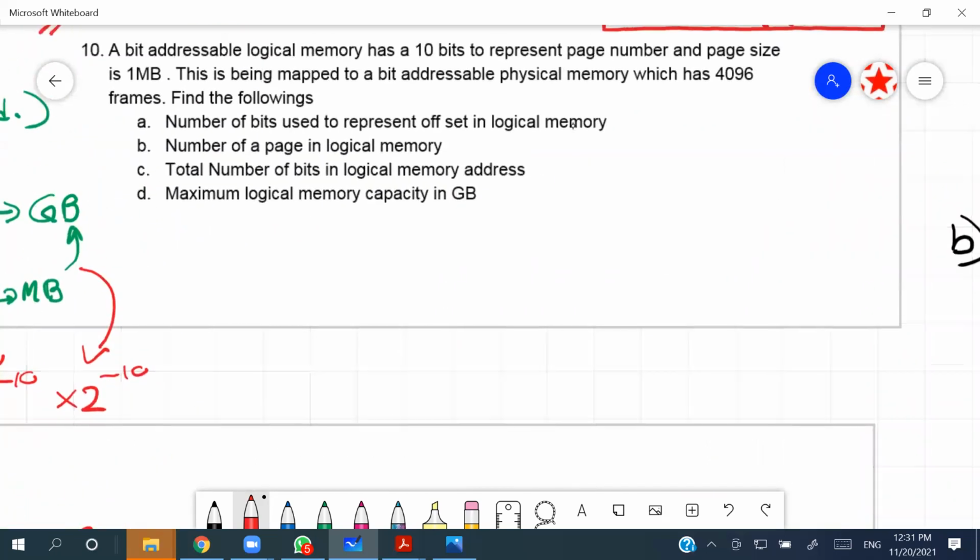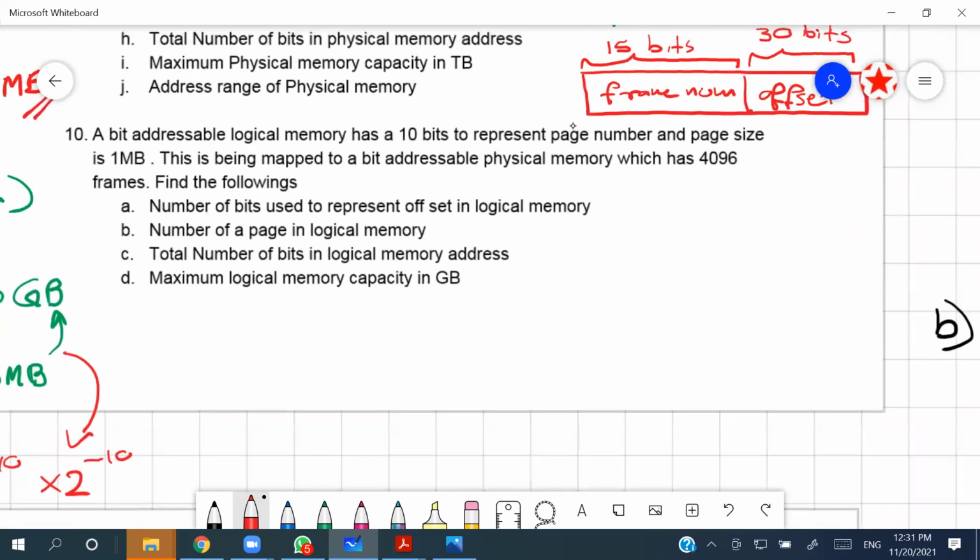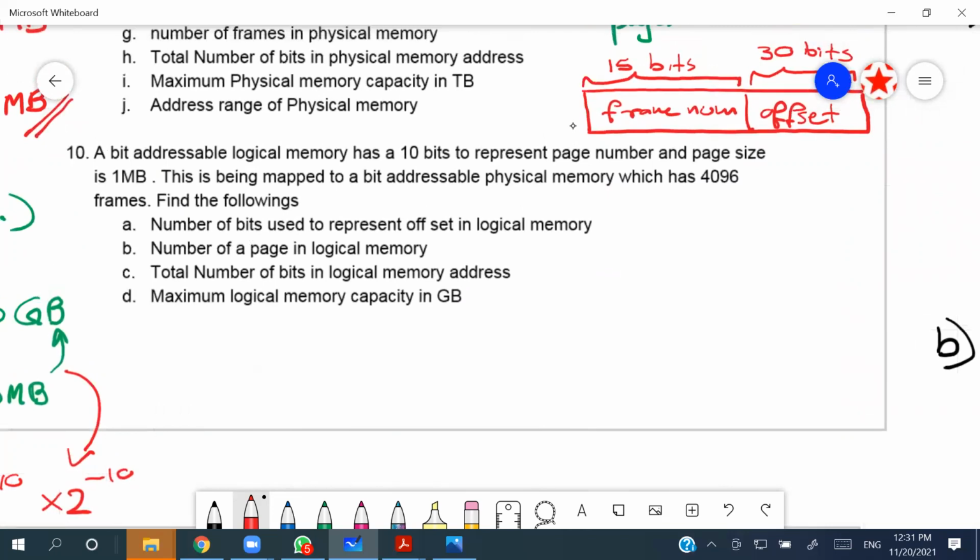It has a part over here, a part over there. All right, so it says a bit addressable logical memory has 10 bits to represent page number and the page size is 1 megabyte. This is being mapped to a bit addressable physical memory, which has 4096 frames. So find the followings.